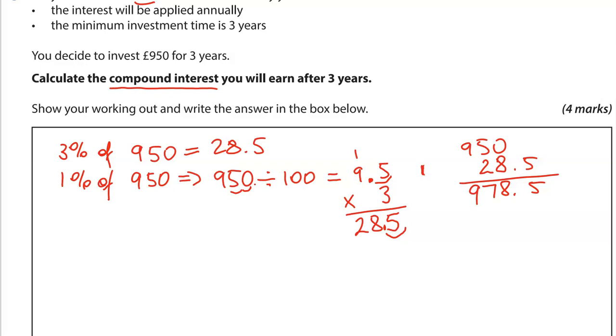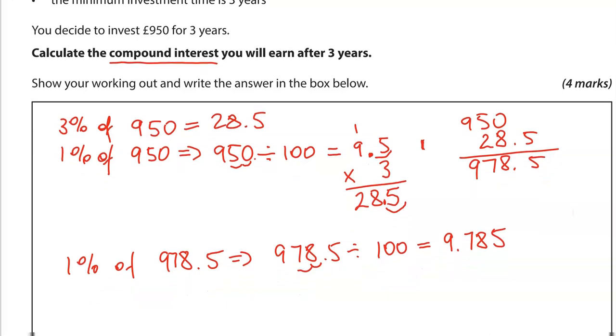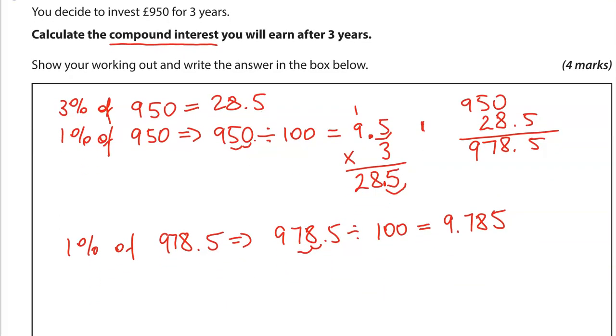What is 1% of 978.5? Again, 978.5 divided by 100, moving the decimal point 2 places to the left. So 1, 2 places. So that will be 9.785. Again, this is just the 1%. To get 3%, we're going to multiply it by 3.